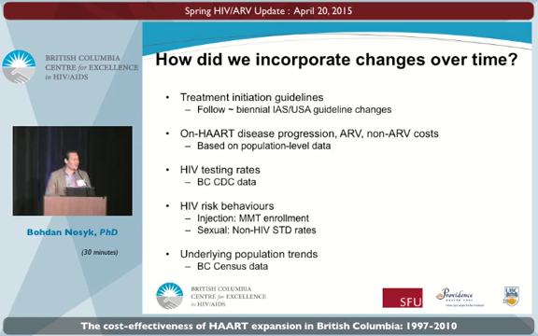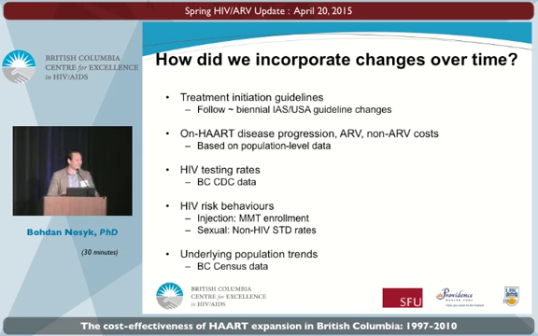And that changed according to our biennial IAS-USA guidelines. I've already shown you slides on HAART disease progression, antiretroviral and non-antiretroviral costs. These were based on population level data in BC. So all these changes in disease progression, HAART costs, and non-HAART costs were incorporated.